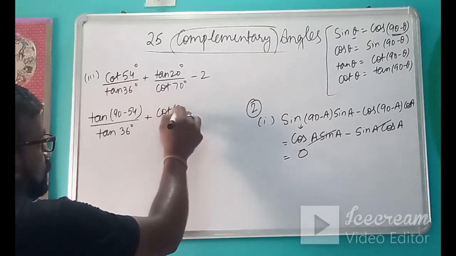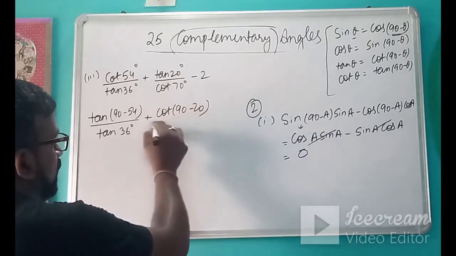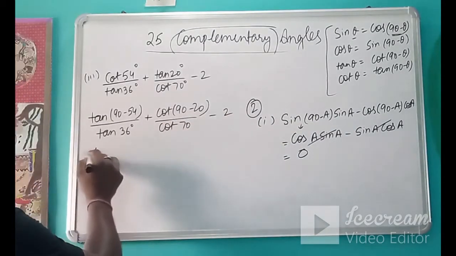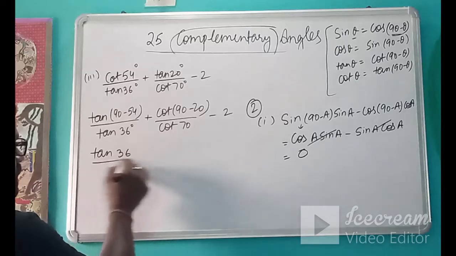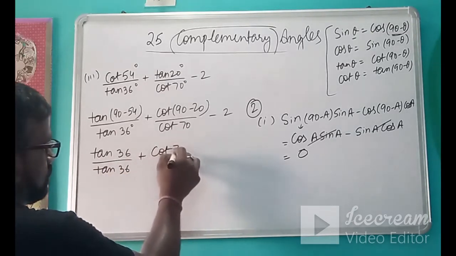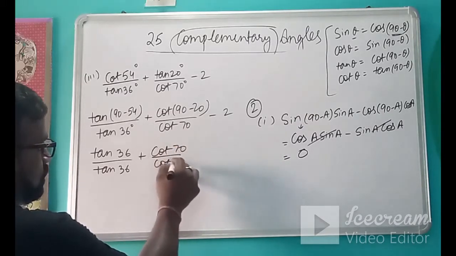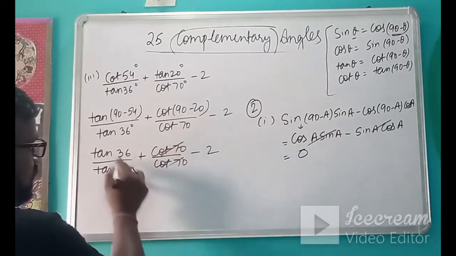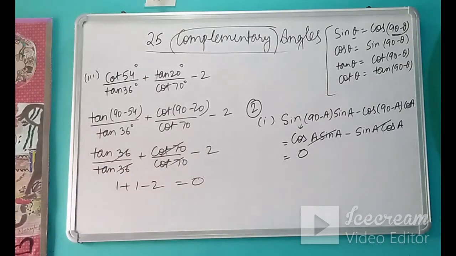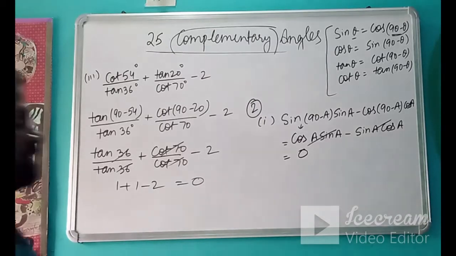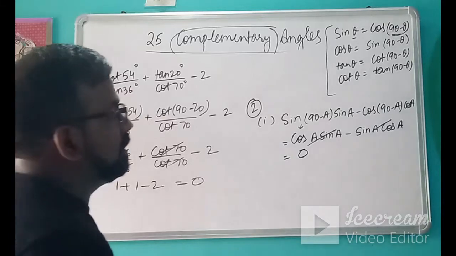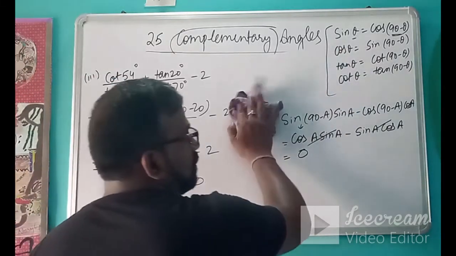And suppose you want to change it, cot 90 minus theta. So here you will get tan of 36, tan of 36. So it will cancel. What you will get, 1 plus 1 minus 2, and your answer will be again 0. Okay, so like this you can solve the questions related to complementary angles by using these concepts.